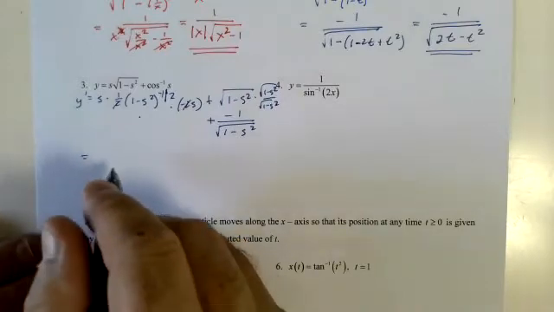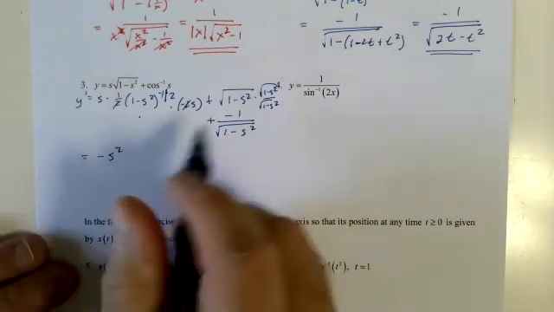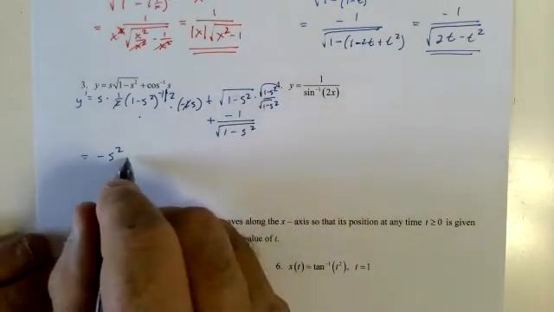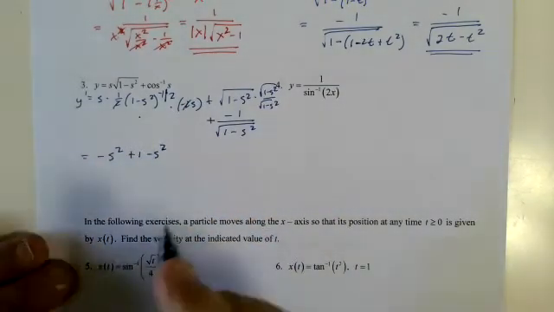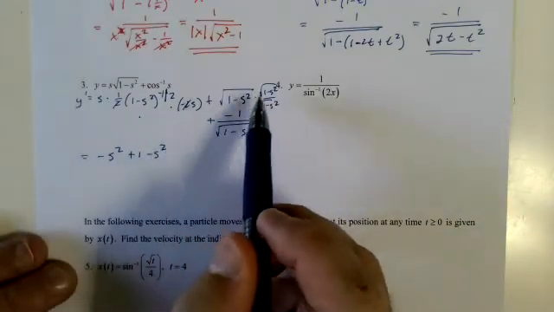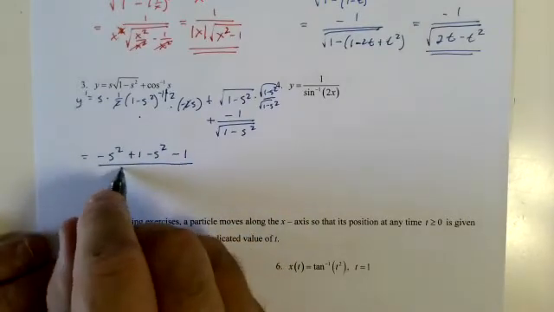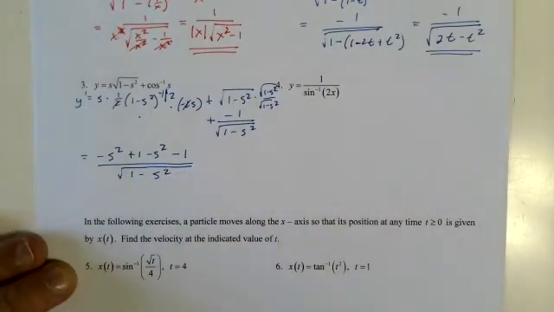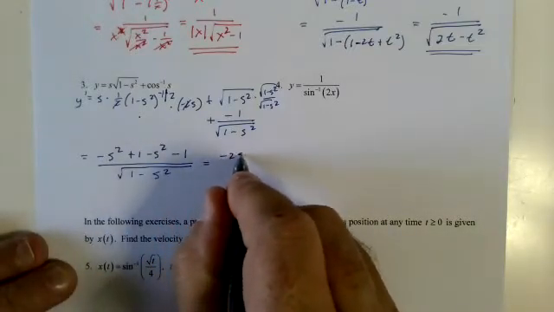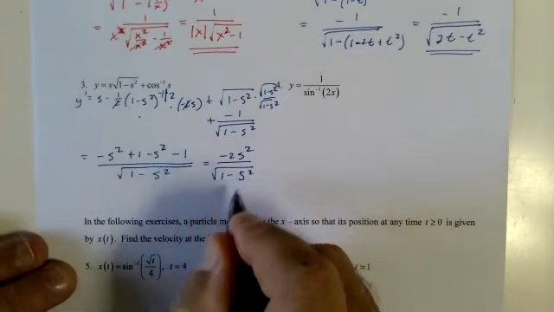Now we have negative s squared, plus 1 minus s squared, minus 1, all over 1 minus s squared.